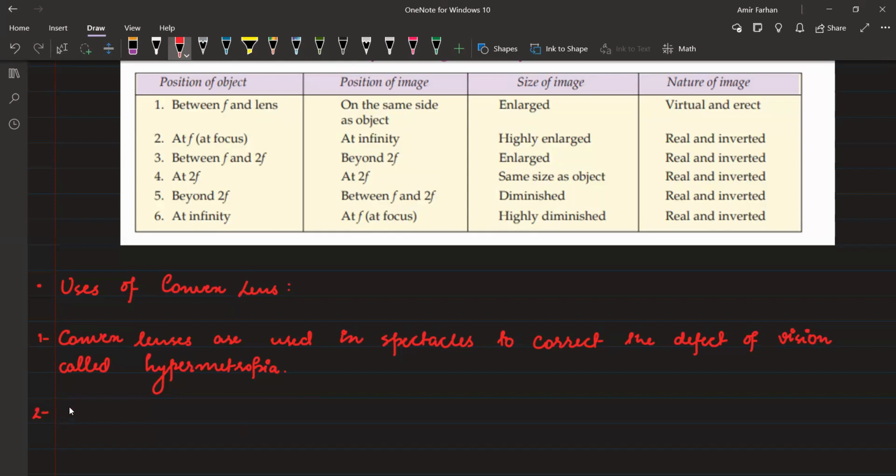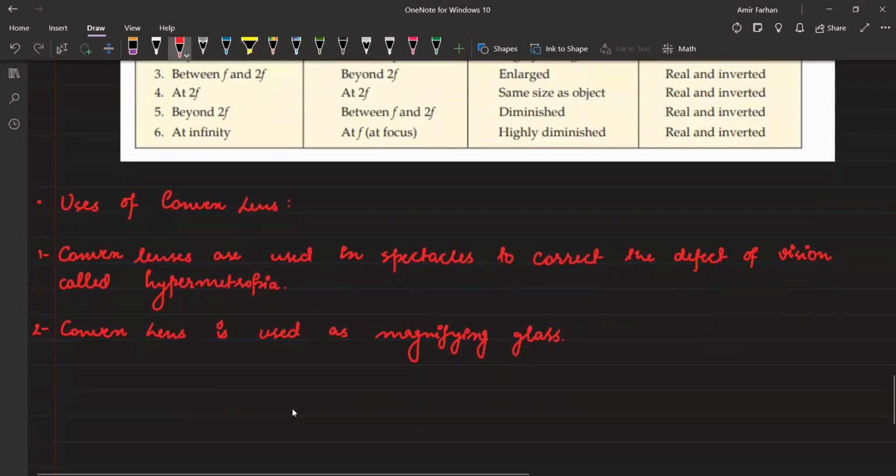Okay. So next, the convex lens is used as a magnifying glass. The second use is for making a simple camera.